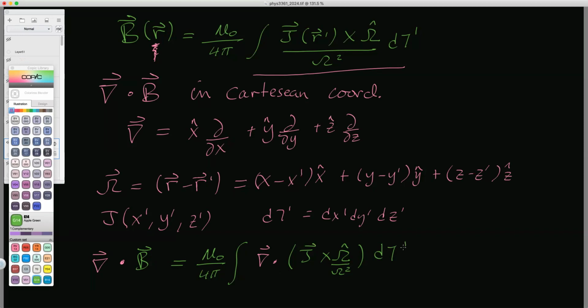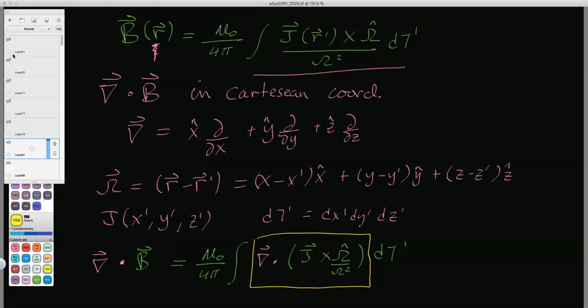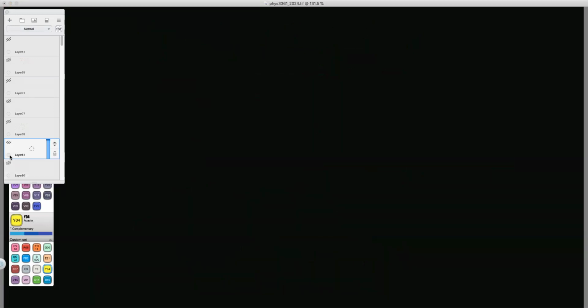Okay. Now we have to do that divergence inside. So I'm going to put that in yellow, and we're going to do this. So we have del dot J cross omega hat over omega squared. Now we could sit down and prove what this is using the Levi-Civita tensor if you want, but I think I can just write it down. You okay with that?